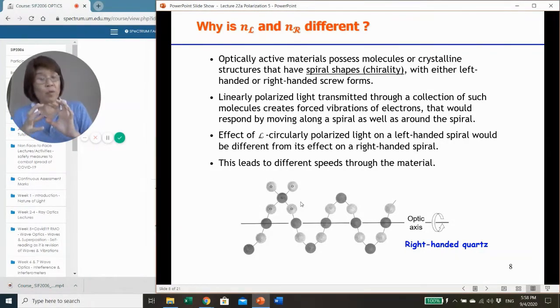And that would respond by moving along a spiral as well as around the spiral. So the effect of the left circularly polarized light on a left-handed spiral would be different from its effect on a right-handed spiral. That's why it will give rise to different speeds through the material.